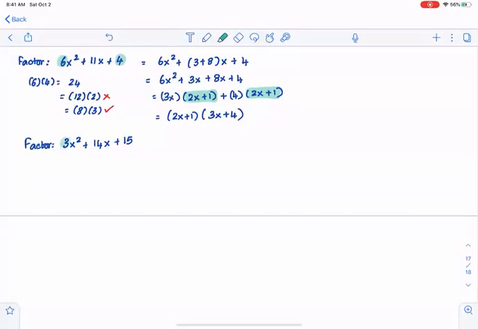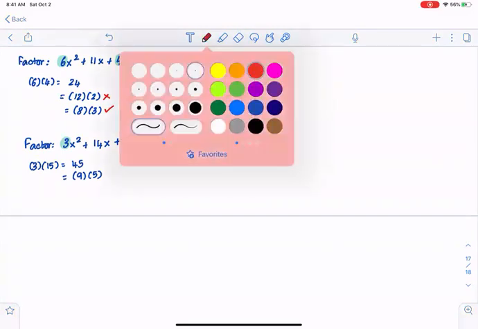We have a 3 here and 15 there. So 3 times 15 is 45. And we've got to split 45 into two factors other than 3 and 15, which would be 9 and 5. 9 minus 5 is 4, but 9 plus 5 is 14, which is the middle coefficient right next to x.